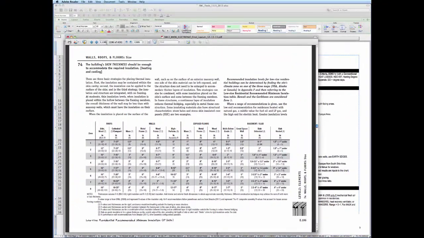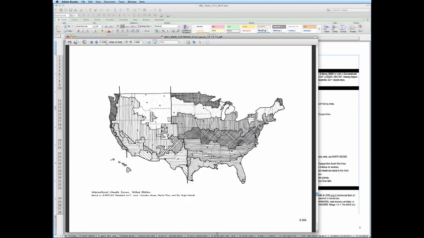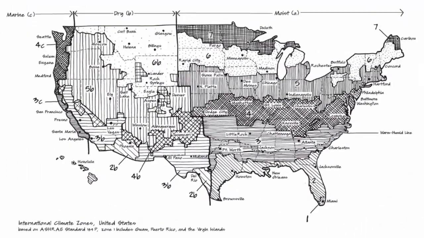I'll go over to page E366, which is in the appendix at the end of SWL Electronic. It's also in the printed book in the section on navigating by climate. So here's Knoxville. Knoxville is in zone 4.